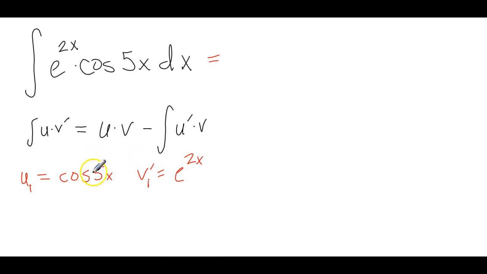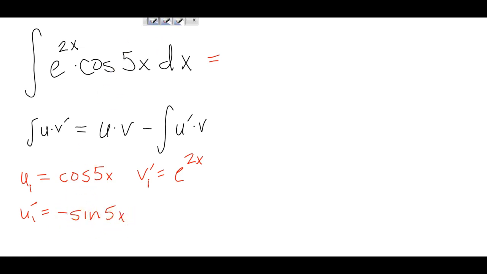Now, I could have easily switched these around. There's really no better option for u, e versus cosine, in this case. Now, u prime 1 is going to be the derivative of this, which is negative sine 5x times 5.